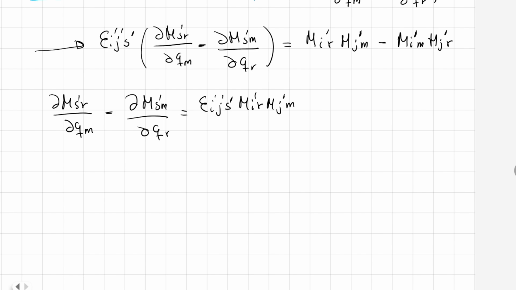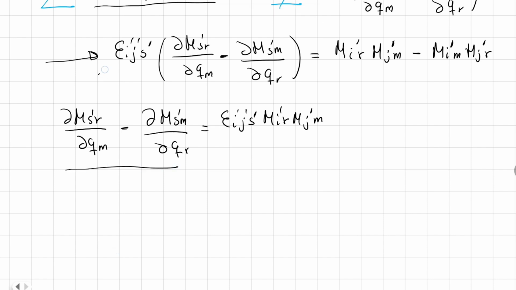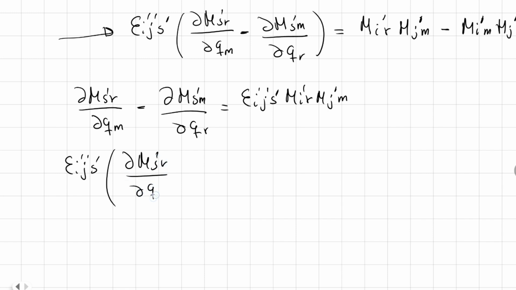Perfect. So what are we going to do first? Well, first of all, looking that we have this expression multiplied by this Levi-Civita, we are going to multiply the whole expression by that Levi-Civita symbol. So that means that we are going to get EIJS, then these two derivatives, like this.